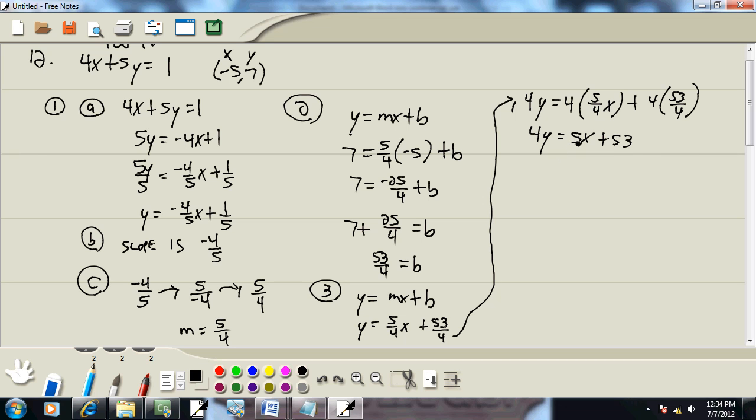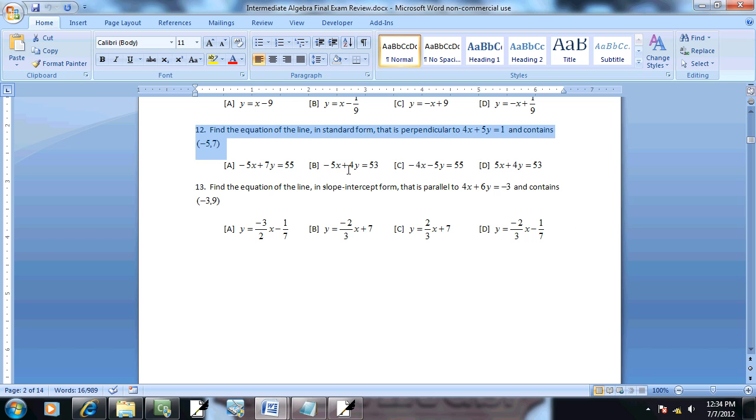Typically, standard form means you go in alphabetical order. Your first variable, which would be x, you want the number in front of it to be positive. And taking that into account, you want everything with a variable on one side, numbers on the other side. So I'll take this 4y and move it over here, and take this 53 and move it over there. Now, unfortunately, there's not a standard in mathematics for a lot of different things. So let's see if this follows that. No, that doesn't follow that.